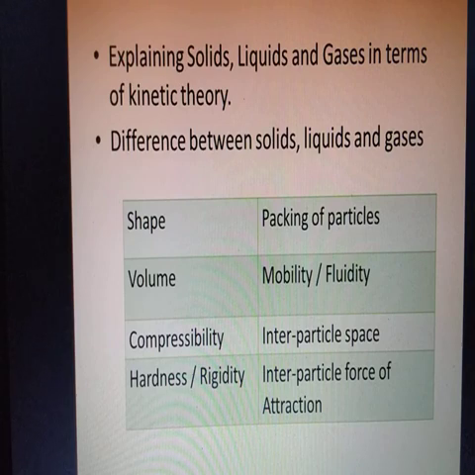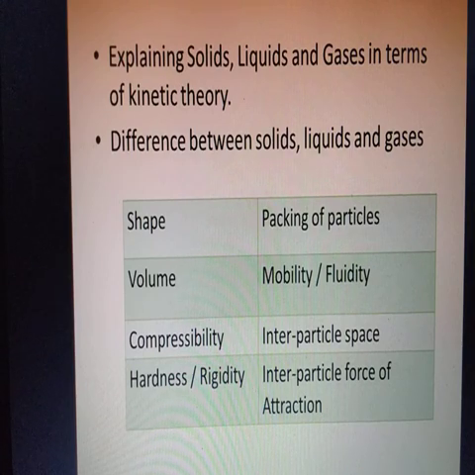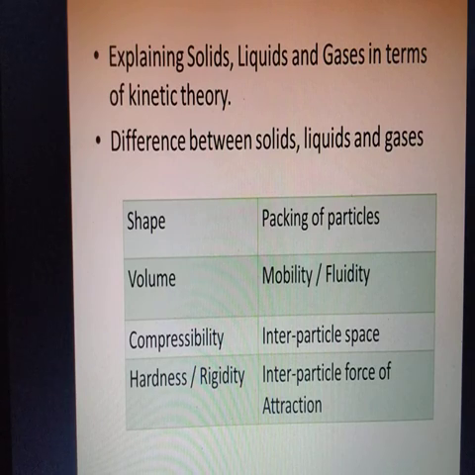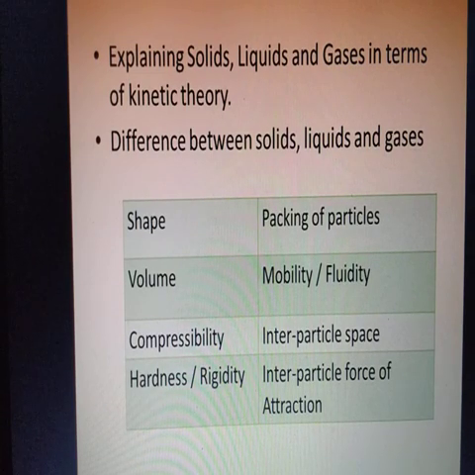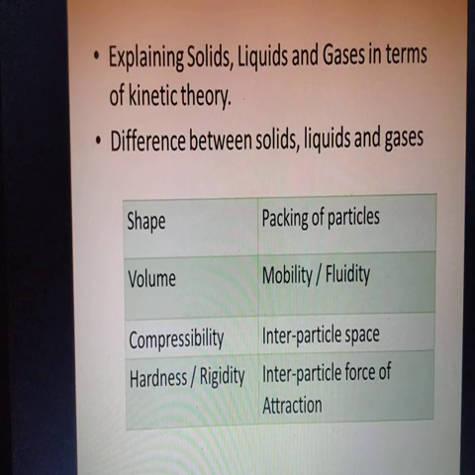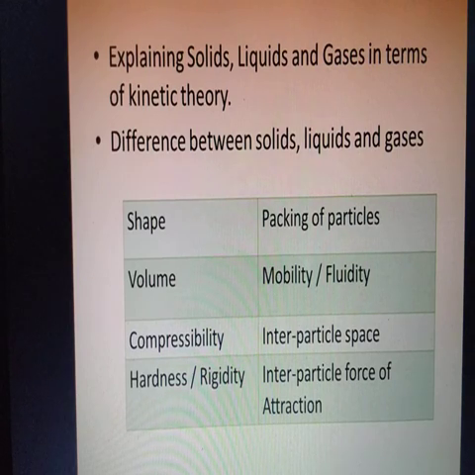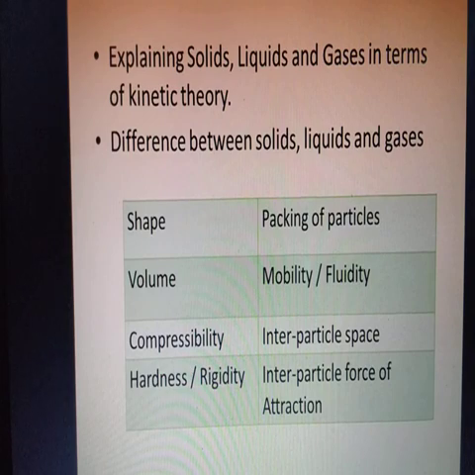And since they're tightly packed together, due to minimum interparticle space, this leads to the development of the maximum interparticle force of attraction, followed by a very good packing structure, or rather packing of particles, and that is giving the shape to solids. What's the problem with the liquids?